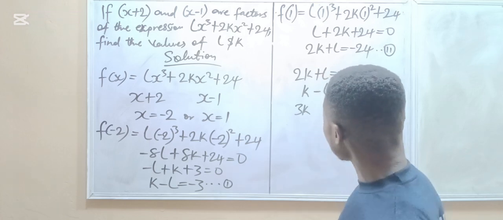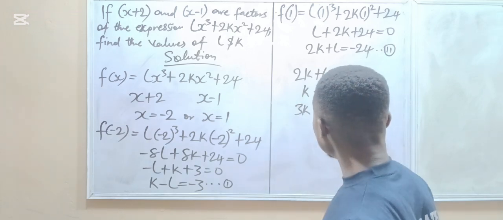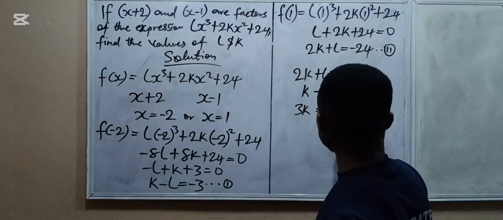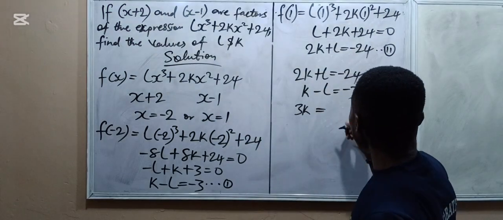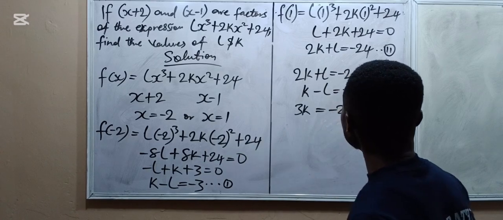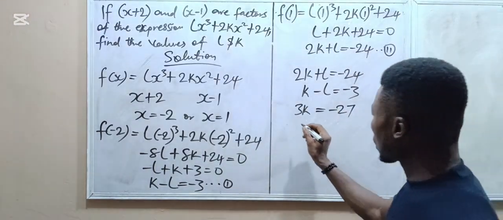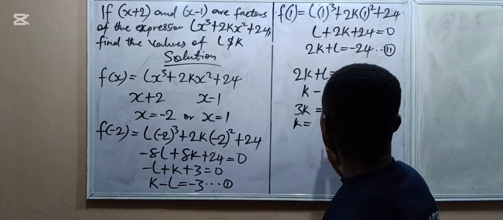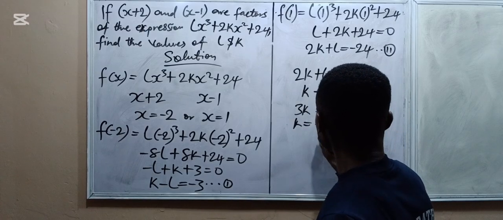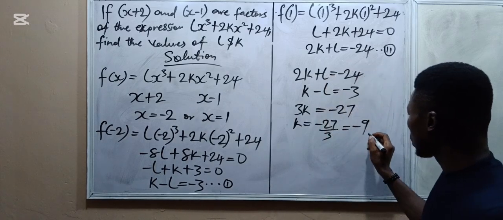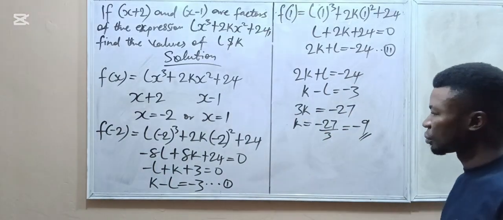Then plus L minus L, and that one is gone. So this is equal to minus 24 plus minus 3, which is minus 27. Now k is equal to minus 27 divided by 3, that is equal to minus 9. So that is the value of k.